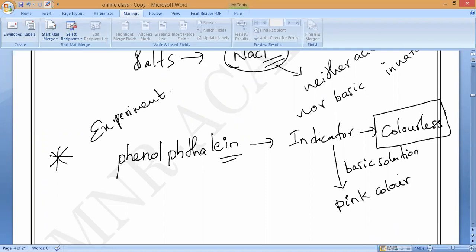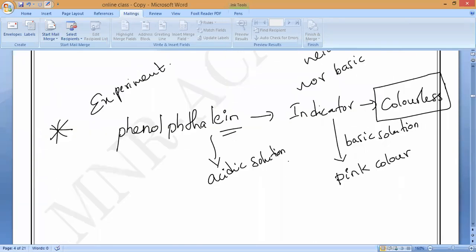So when phenolphthalein reacts with a basic or aqueous solution, it will give you pink color. Now, if it is an acidic solution, what is the color? Yellow? Wrong. For an acidic solution, it is not methyl orange or some other thing. It remains the same color, a colorless substance. Not only for acidic medium, it is also colorless for a neutral solution.